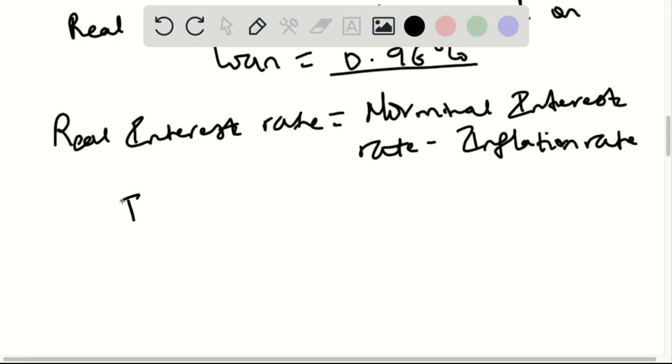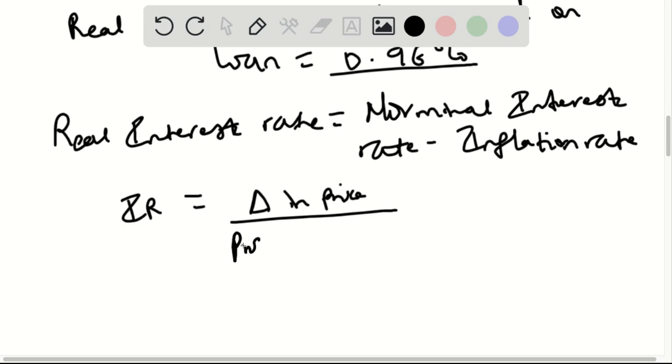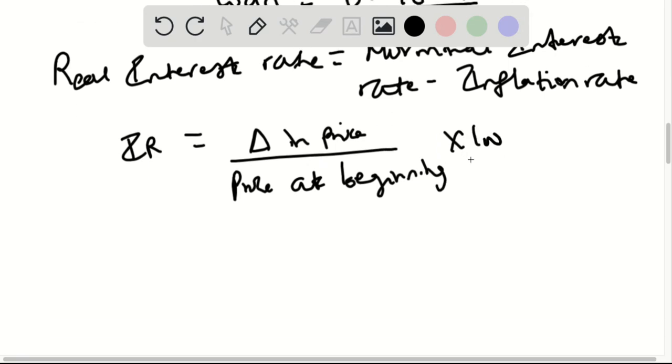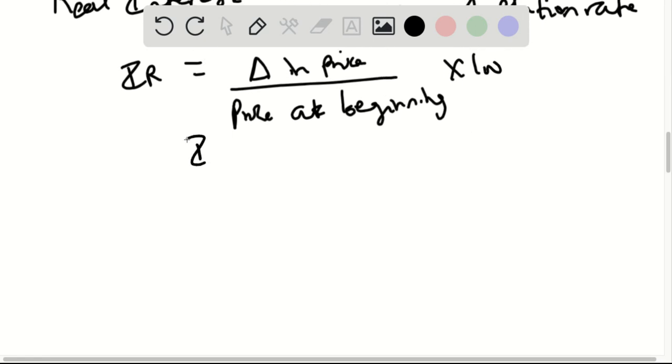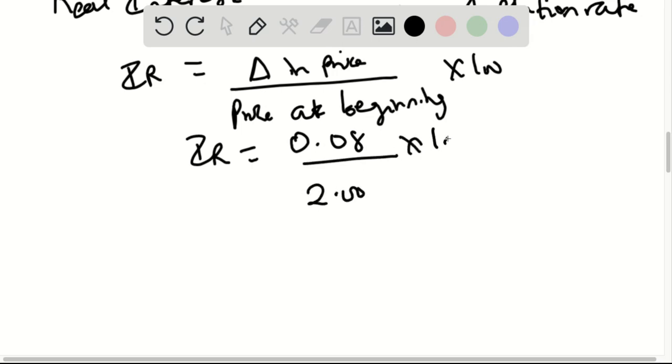And we know that the formula for the inflation rate is the change in price of burgers divided by the price at the beginning, multiplied by 100 over 1. So the inflation rate will be equal to the change in price of burgers, which is 8 cents, divided by the price at the beginning, $2, multiplied by 100 over 1. And this will give you 4%. So there's a 4% inflation.